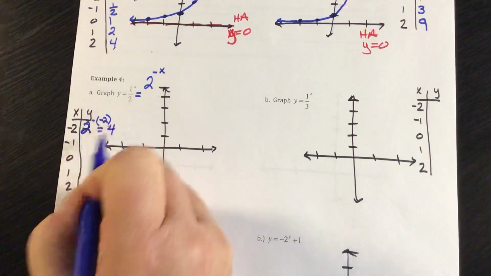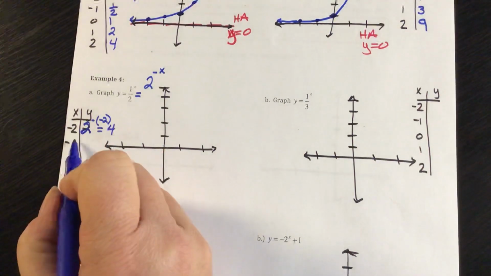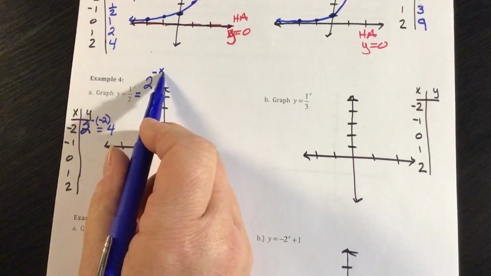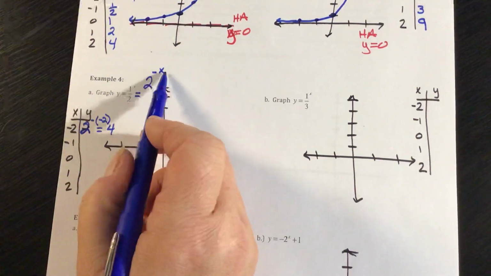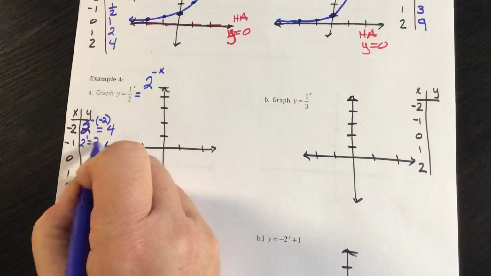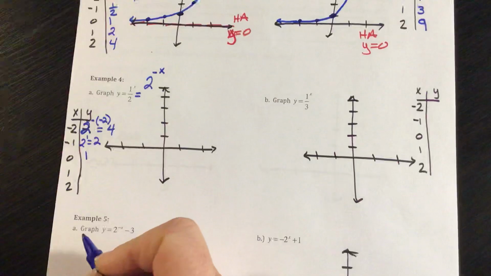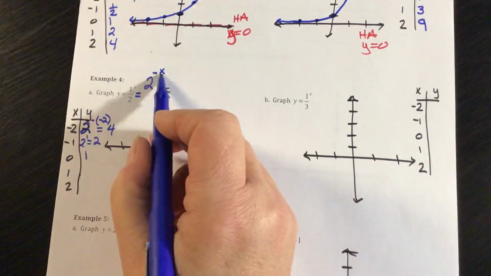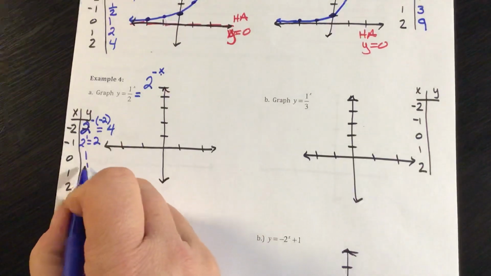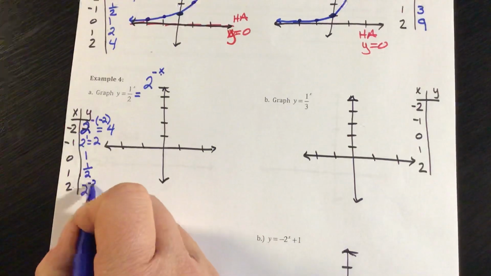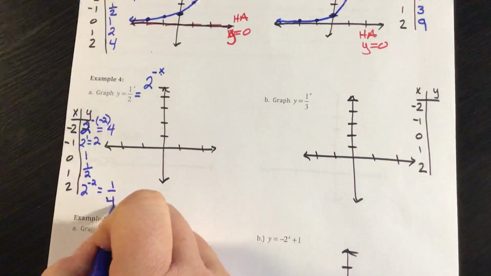So that's going to equal 4. 2 to the negative first power, so the opposite of -1 is 1. So this is 2 to the first power, which is 2. 2 to the 0 power is 1. And then I'm going to have 2 to the -1 power is 1/2. And then 2 to the -2nd power would be 1/4.